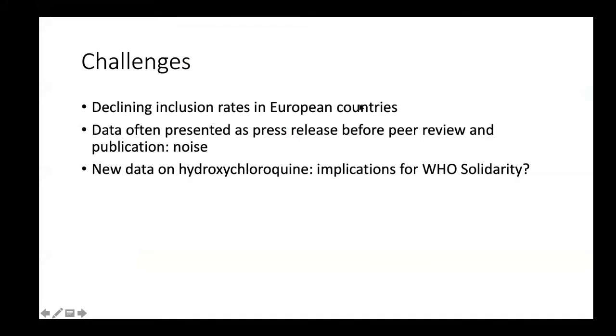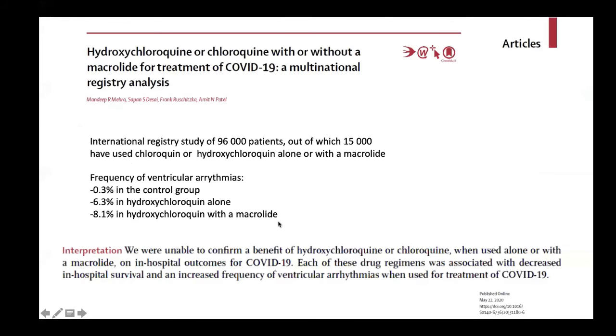There's also a lot of noise going on. There's a lot of data presented, often as press releases before peer review and publications. And then we have to discuss this with the investigators and patients and so on, because they read about it in newspapers. And then last Friday, there were actually some solid data both on hydroxychloroquine and remdesivir, which might have implications for the study.